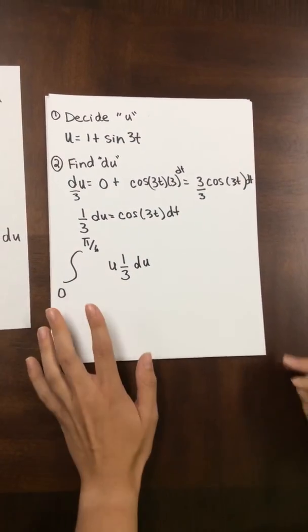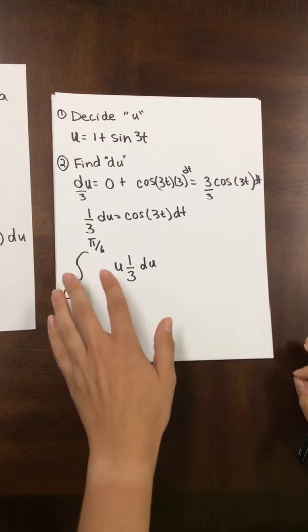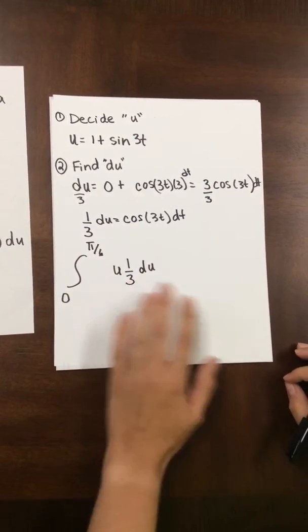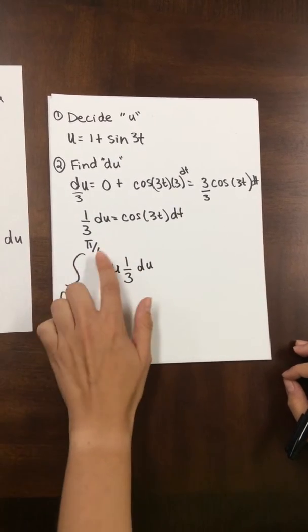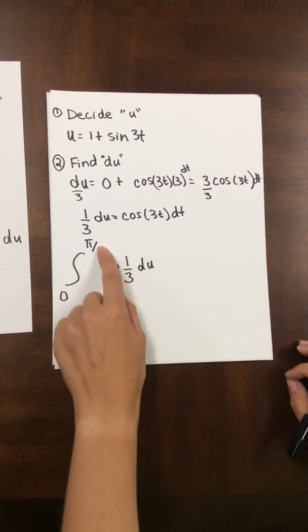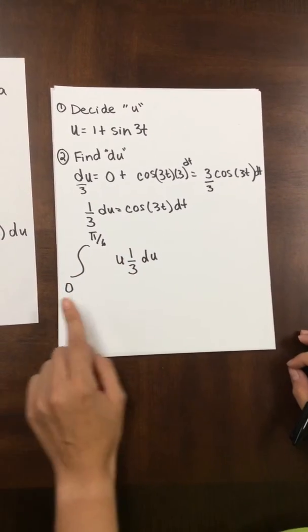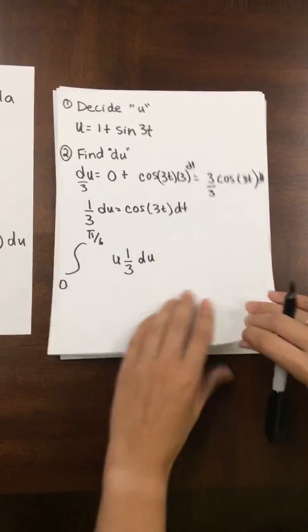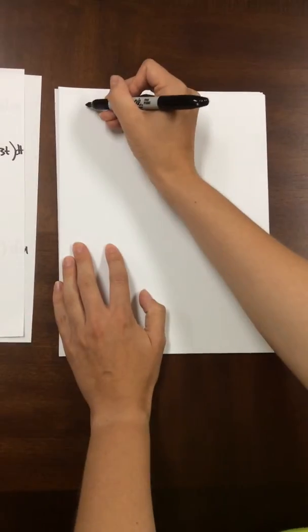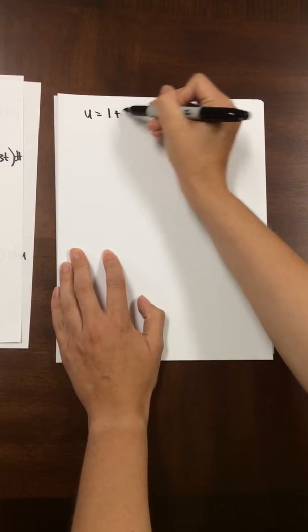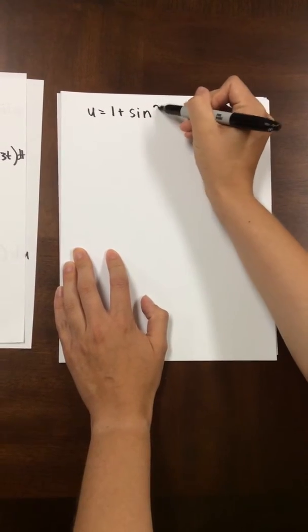Because we're evaluating a definite integral and finding an actual solution, we also need to transform the limits of integration, the pi over 6 and the 0, using u. Again, u is equal to 1 plus sine 3t.